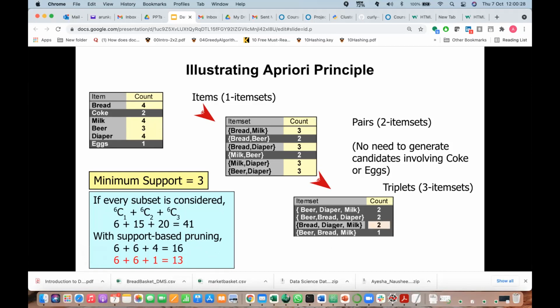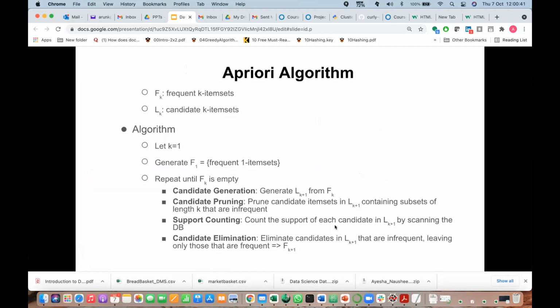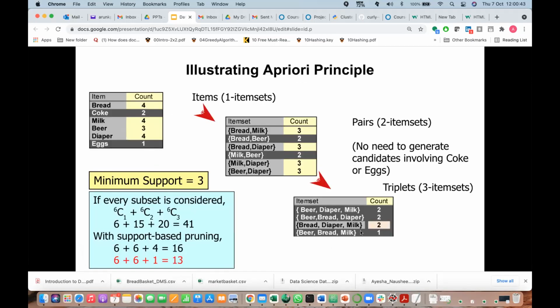Okay. What is this 2? Okay. Triplets is 3 item sets. We'll see anything will come next. What is this 13? This one is singling out.